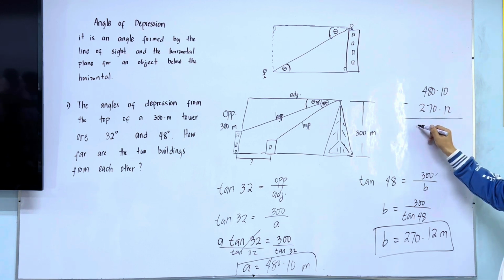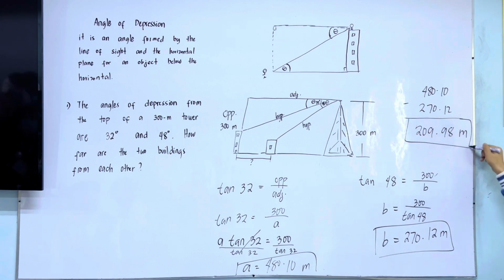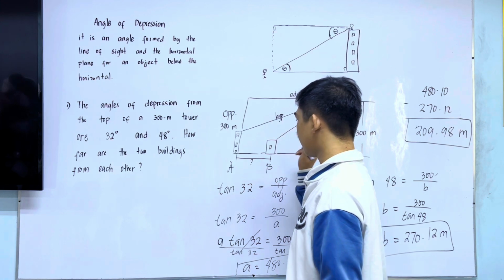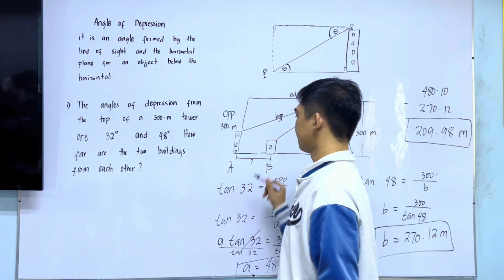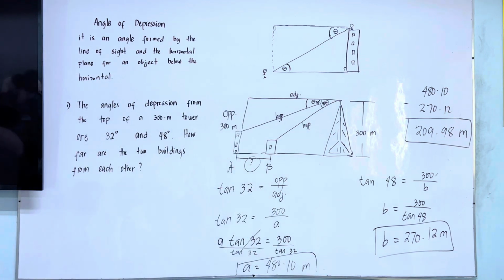Ilan to? 209.98. Boom. Ito ngayon yung distance ng building A to building B. Oh my God. Oh, humirap na.